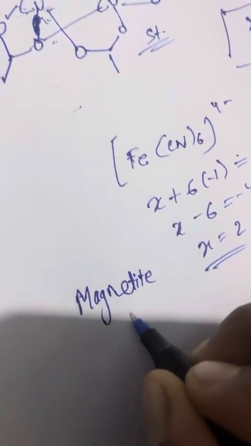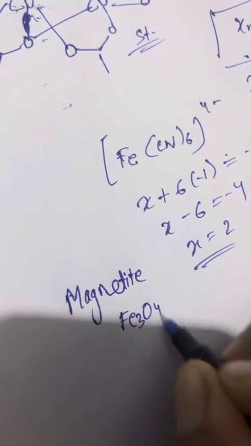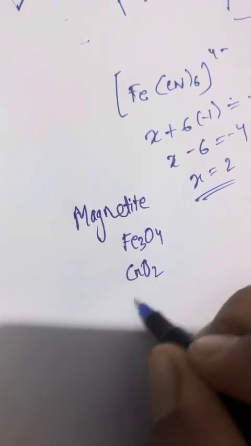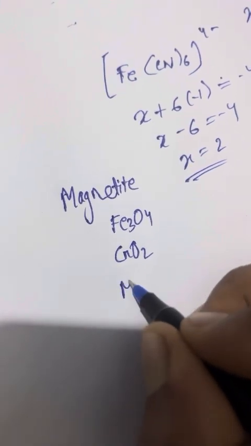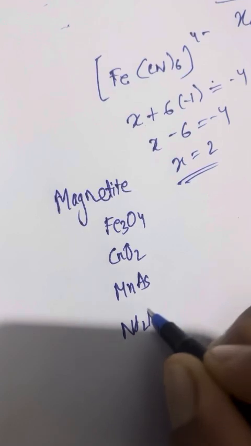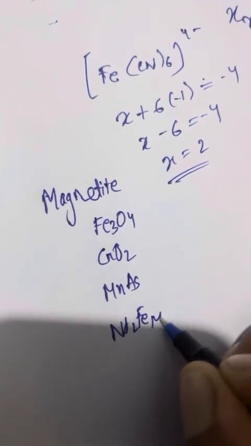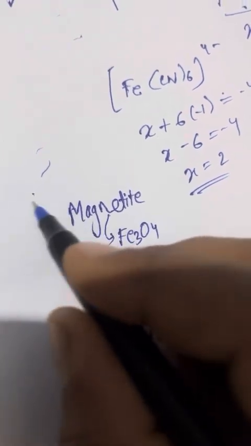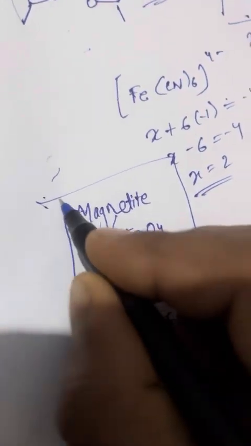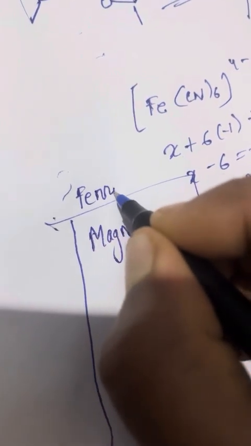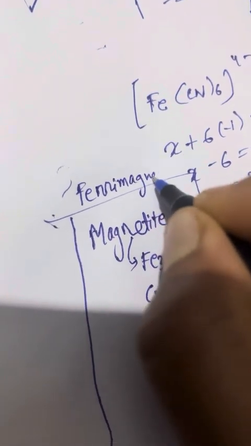Other examples are chromium oxide CrO2, Mn arsenide, and Nd2Fe14B. These all are ferrimagnetic. Remember this.